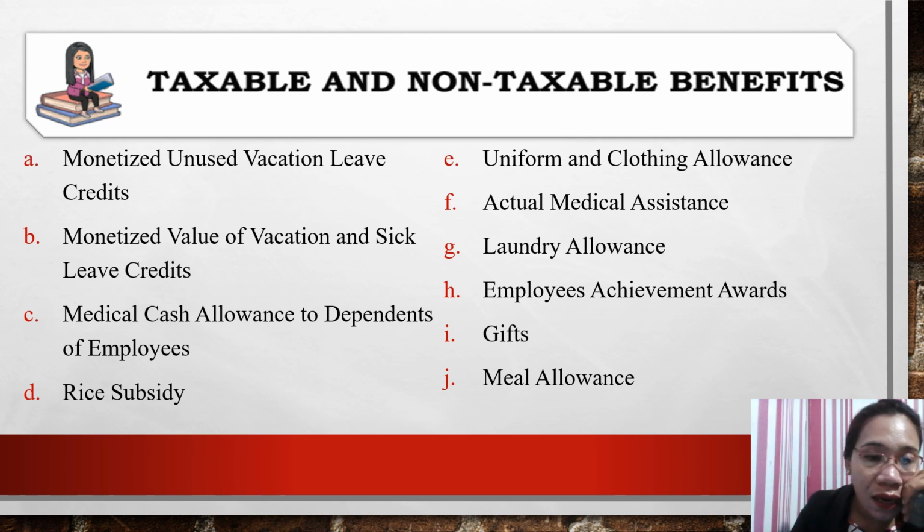So in here, these benefits are non-taxable, like uniform and clothing allowance, non-taxable yan. Actual medical assistance, non-taxable. Laundry allowance, employees achievement awards. Itong mga lahat ng to, non-taxable to. Yung tinatax ng government, BIR, ay yung previously nating dinidiscuss. Yung mga 13th month, ganun. Tinatax yun. May tax yun sa gobyerno. BIR nangungulikta nun. Okay? Let's proceed.